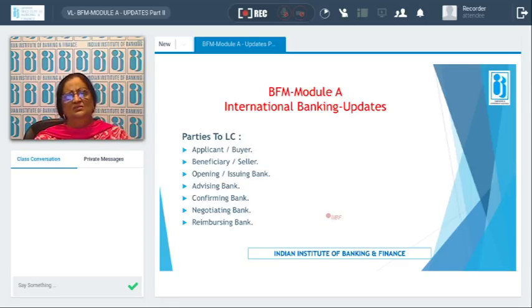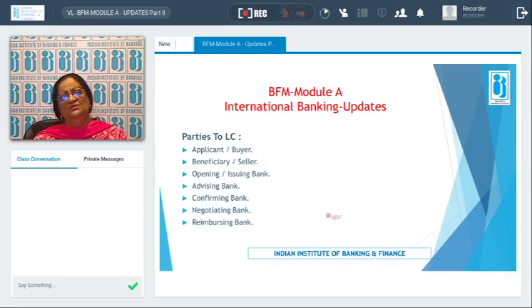Now, this bank may be the beneficiary's bank, that is the exporter's bank, or it may be a correspondent bank of the issuing bank. This is agreed between the applicant and the beneficiary before opening the LC. So the opening bank or the issuing bank opens LC and transmits it to advising bank.